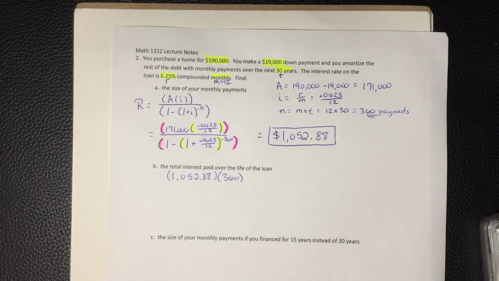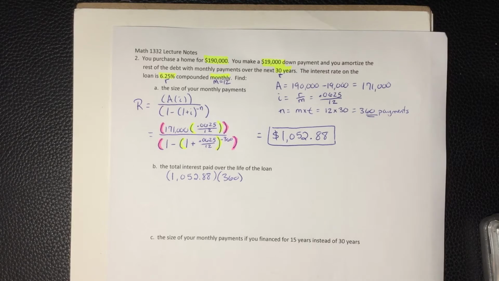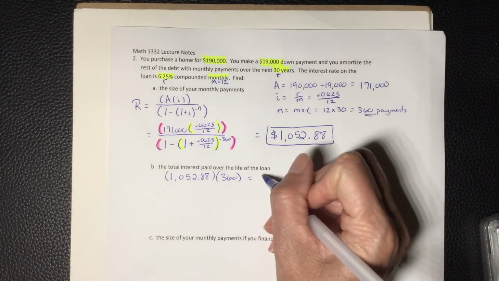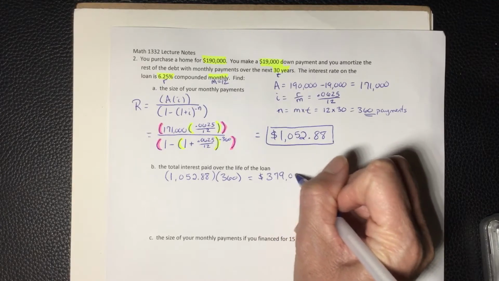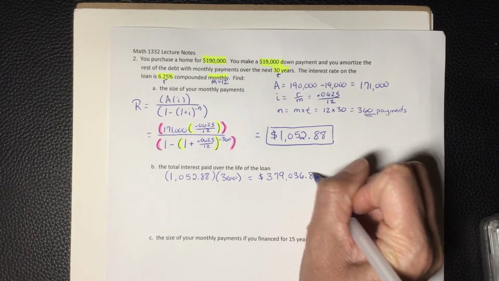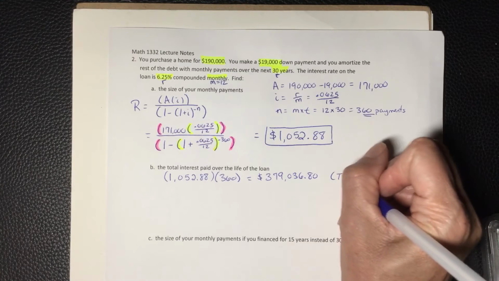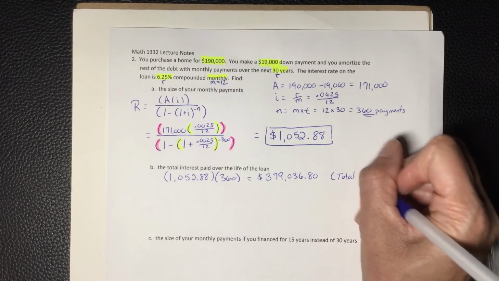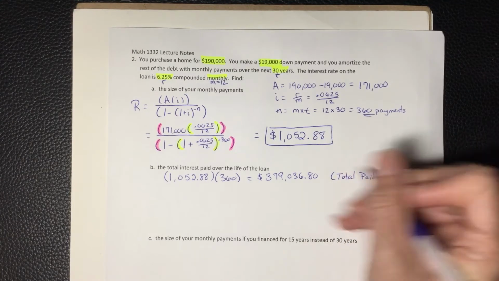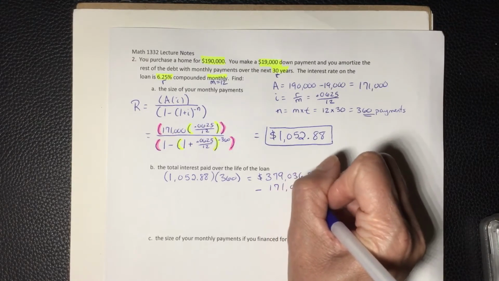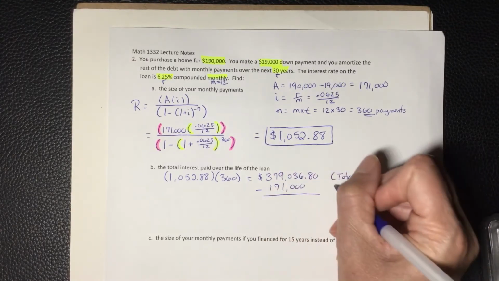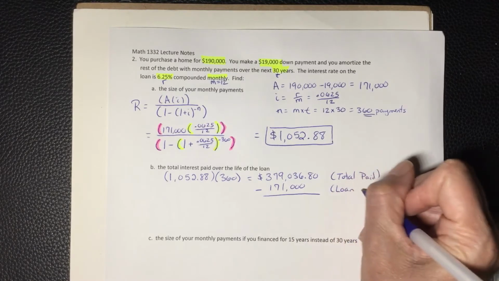We're going to multiply that by 360, and this is going to give us the total amount paid. This is a lot of money over 30 years, so it's going to be a really big number. Remember, this is the total paid. And then we want to subtract off the amount that we borrowed, the loan amount.